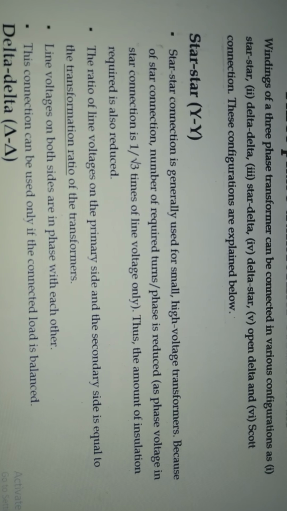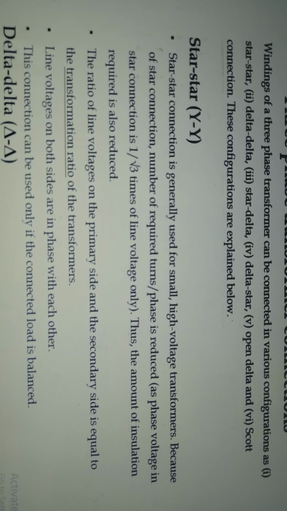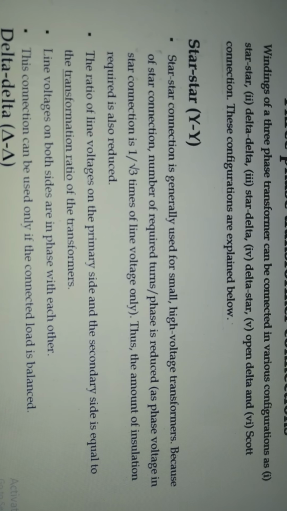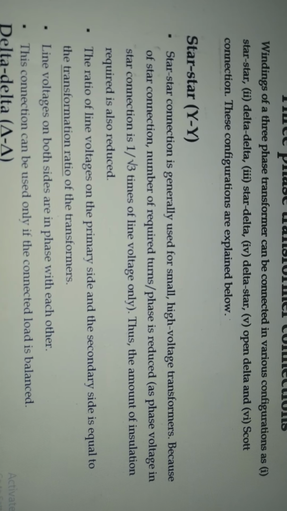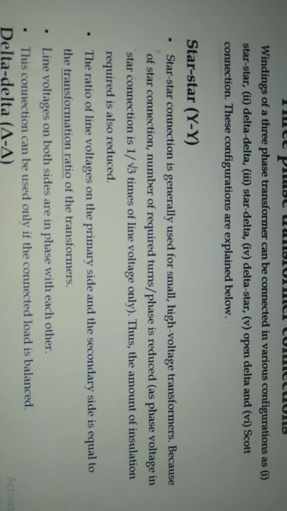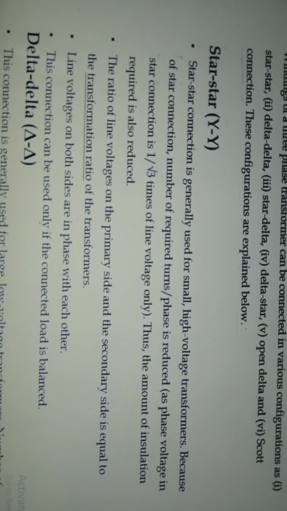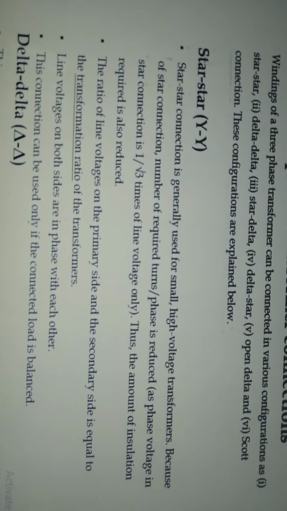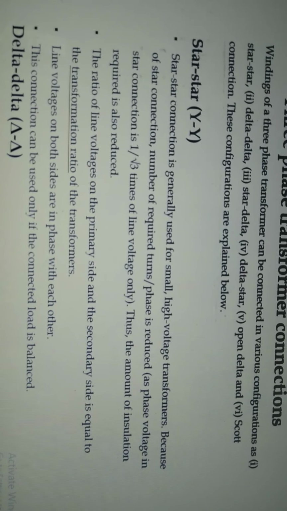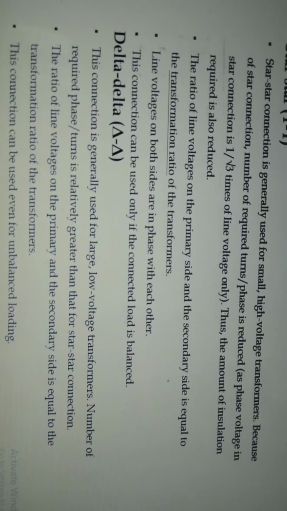The ratio of line voltages on the primary side and the secondary side is equal to the transformation ratio of the transformer. Line voltages on both sides are in phase with each other. This connection can be used only if the connected load is balanced. For unbalanced loads, we couldn't use the star to star connection for a three-phase transformer.